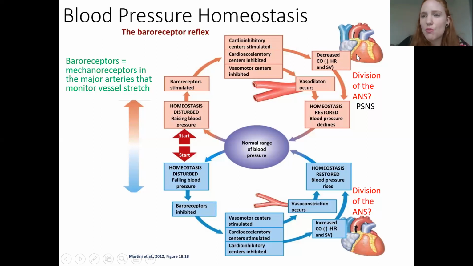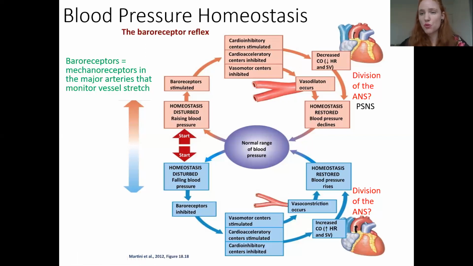That would be the parasympathetic nervous system. So the parasympathetic nervous system would be the efferent pathway, with an E, from the brain to the heart. It also goes to the blood vessels, and it causes vasodilation. When you do vasodilation, there's more volume for the blood to occupy, so that will also decrease the blood pressure. The decrease in blood pressure would then return it back to normal.